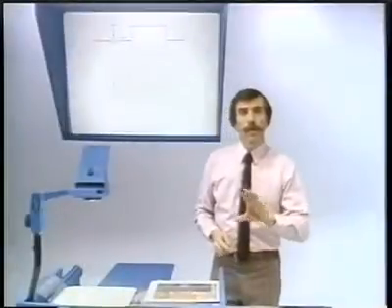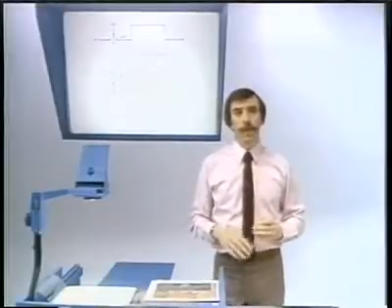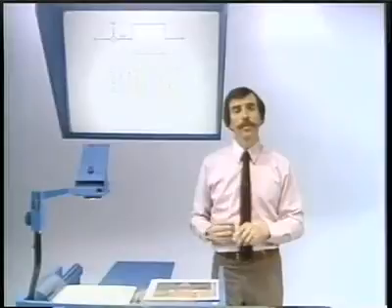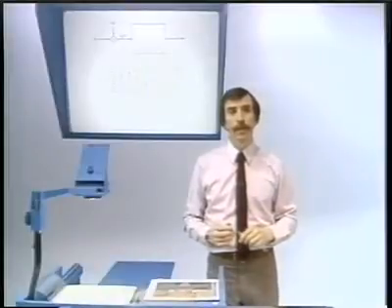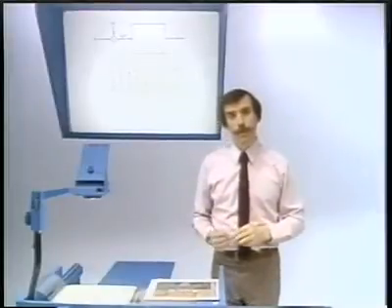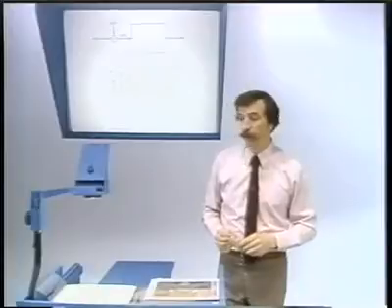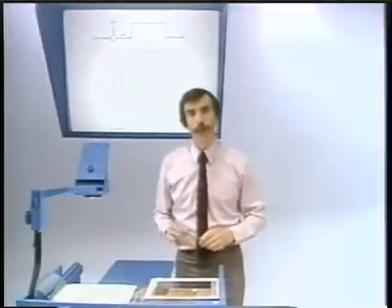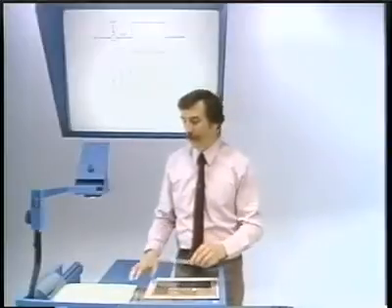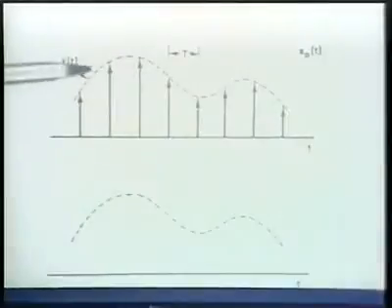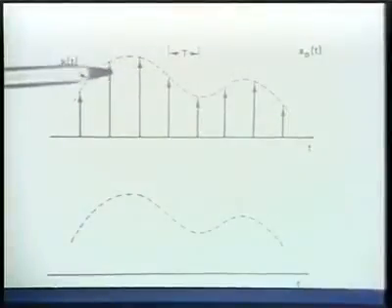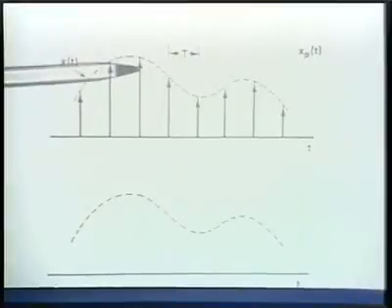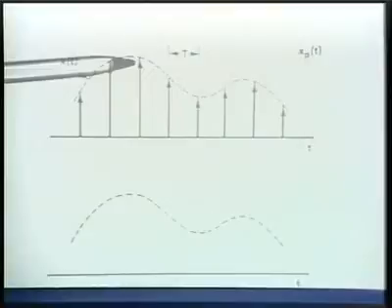Well, there are lots of other kinds of interpolation that are perhaps not as exact, but often easier to implement. And what I'd like to do is focus our attention on two of these. The first that I want to mention is what's referred to as a zero-order hold, where in effect we do the interpolation in between these sample values by simply holding the sample value until the next sampling instant.